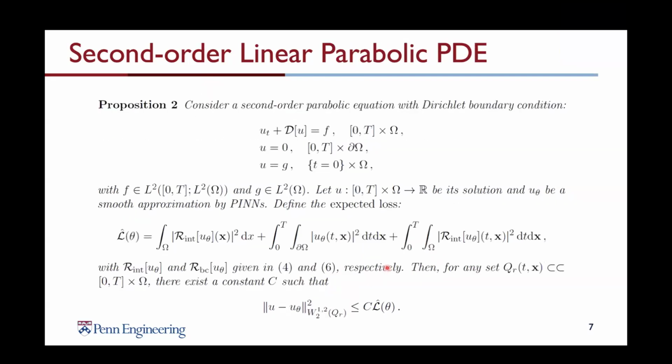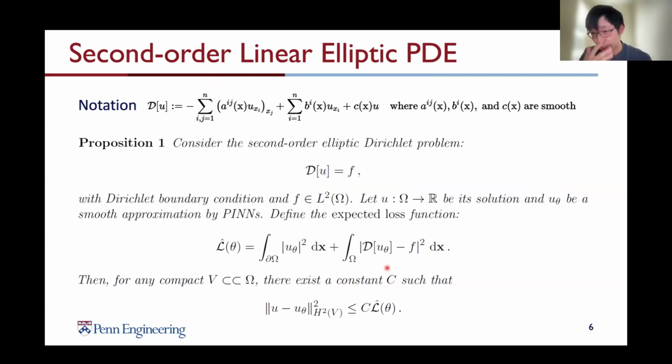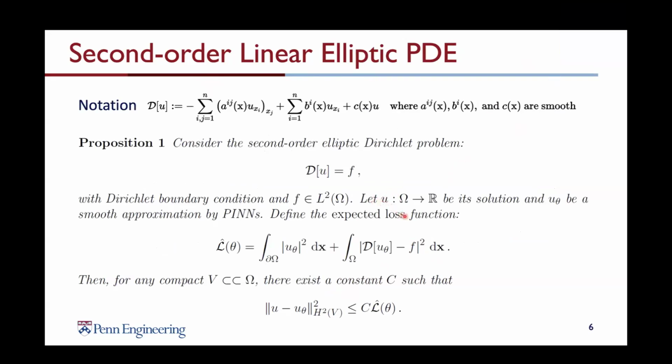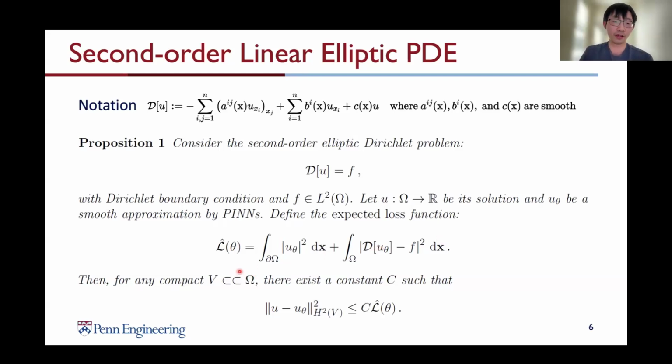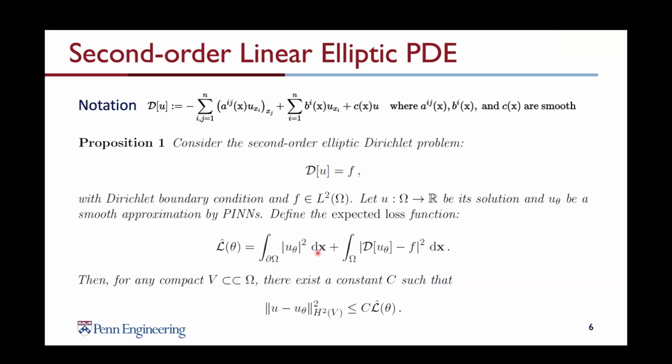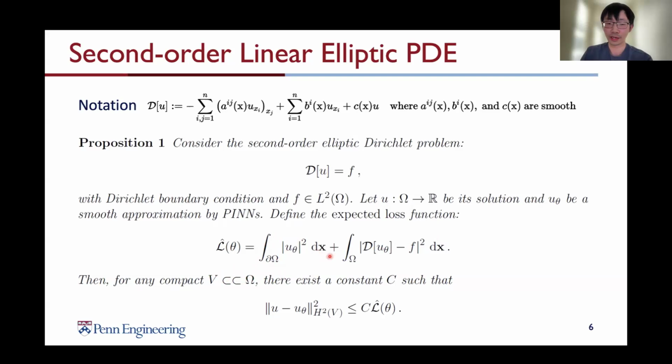Okay. Yes, Sifan, I had a quick question. Yep. This is Suku here. So how big is the set V? Do you have a sense? It can be very close to the omega, as long as it's a compact set. Okay, but you lose something near the boundary. Okay, but the result is not true for omega. That's what you wanted to emphasize, right? Yeah. We cannot extend this inequality to the exact boundary.